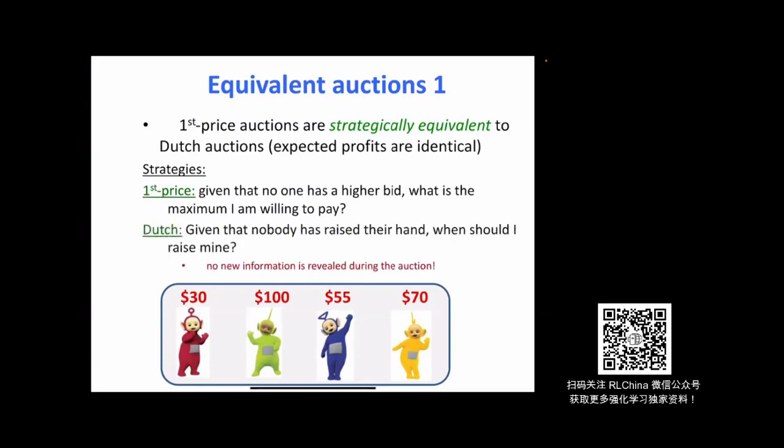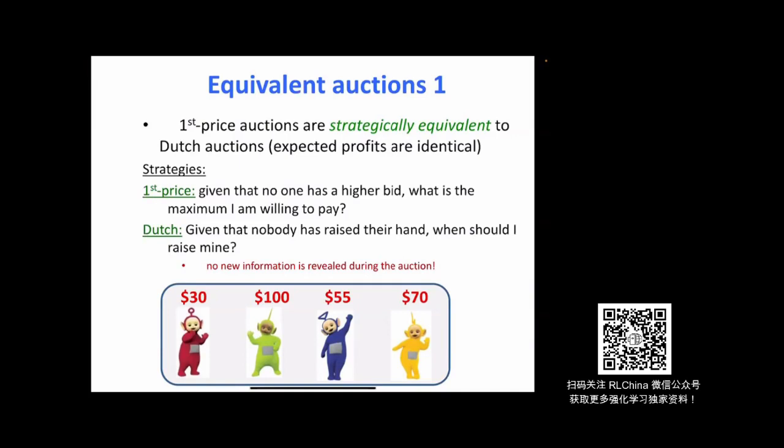The Dutch auction would also ask a similar question: given nobody has raised their hand, if I would be the highest bid, when should I raise mine? When should I raise mine? Because you also need to pay that price as well.